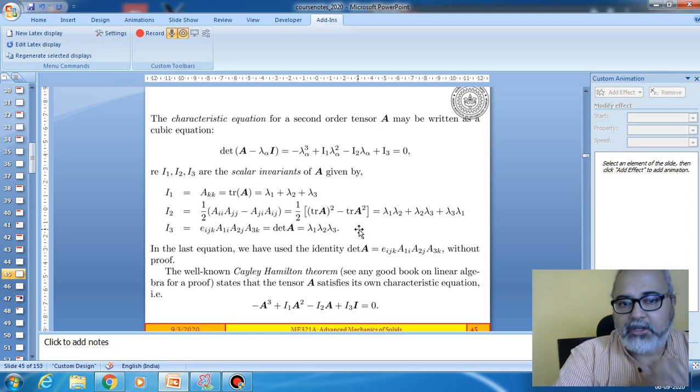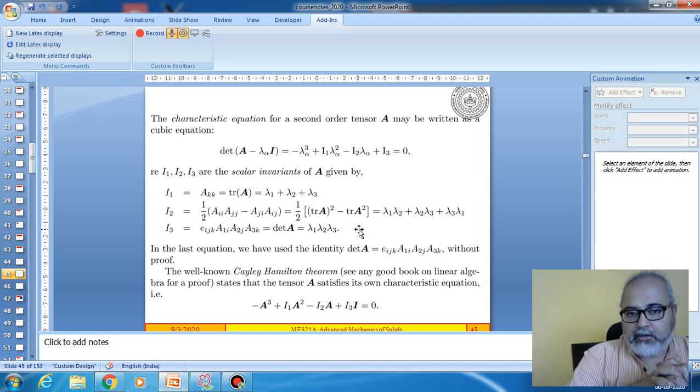That apart, we also learned that we can take the eigenvectors of A as a bona fide basis for a coordinate system. It will be a different coordinate system than the one that I have chosen to describe it in, the x1, x2, x3 space. So if I now rotate A using transformation rules into that coordinate system, which is formed by the basis vectors that are its normalized eigenvectors, then A becomes a diagonal matrix.